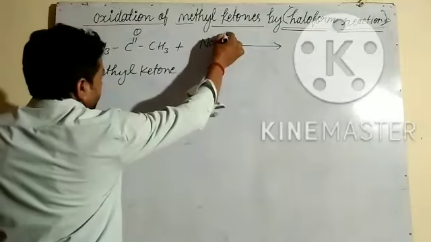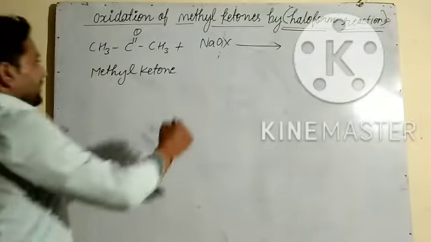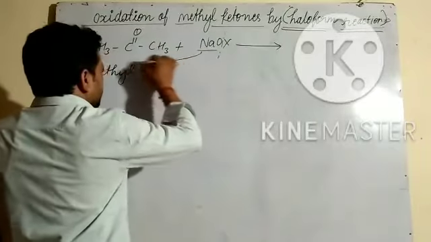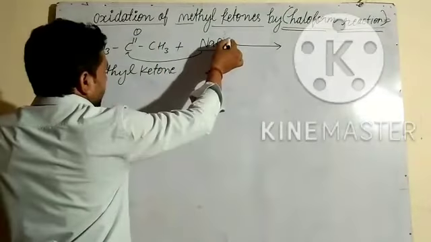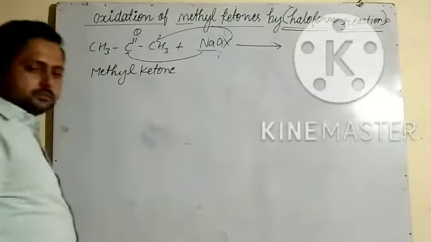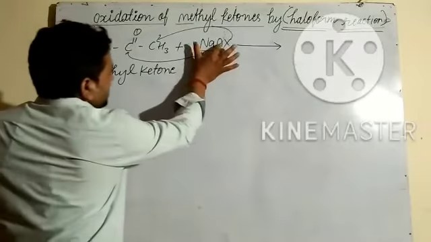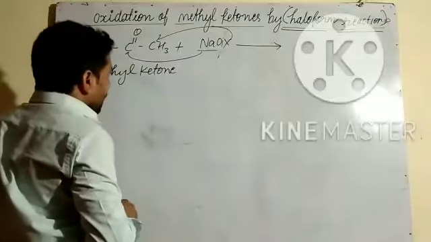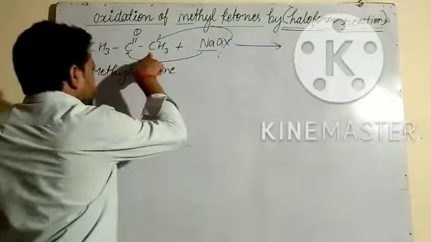This portion, the bond breaks from here and from there, and this much portion goes to this carbon, and that halogen comes to this carbon. Try to understand what I told. This much portion from here, NaO, goes to this, and X goes to CH3.